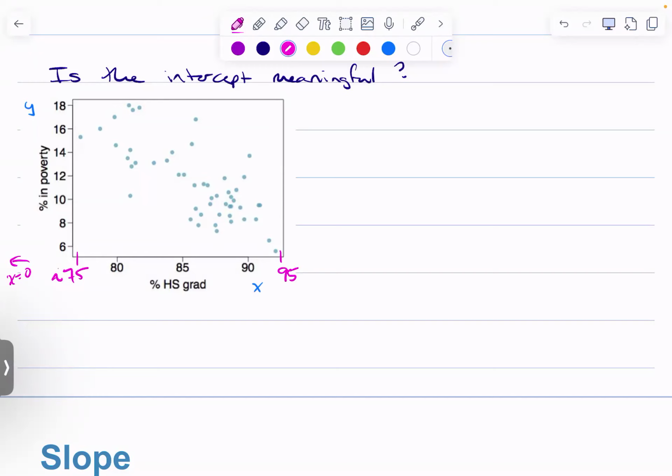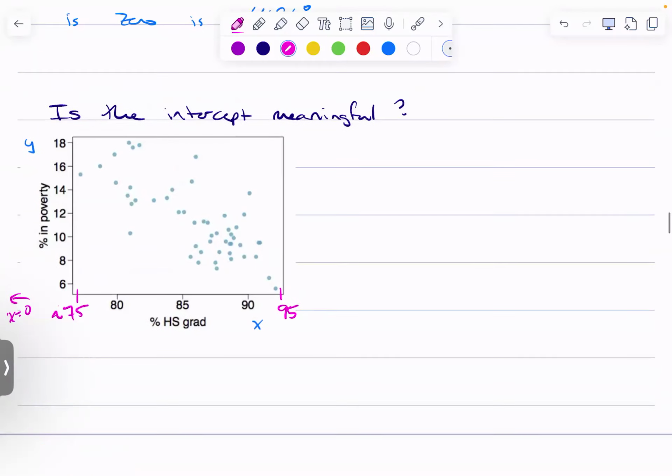How you're going to answer this question is argue whether X can be 0 or not. I don't really care if you argue for or against. In this case, I think it's pretty obvious that you would say, no, it's not meaningful because there are no states with a 0% high school grad rate. But as long as you center it around X being 0, you can argue for or against, and you can convince me either way.